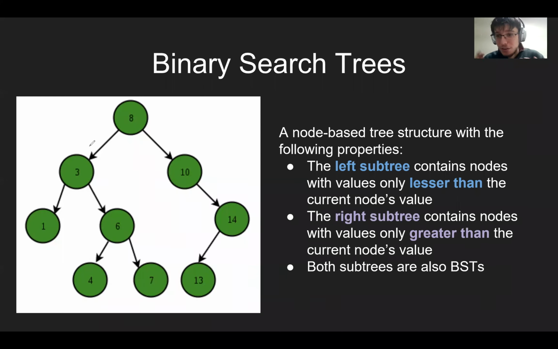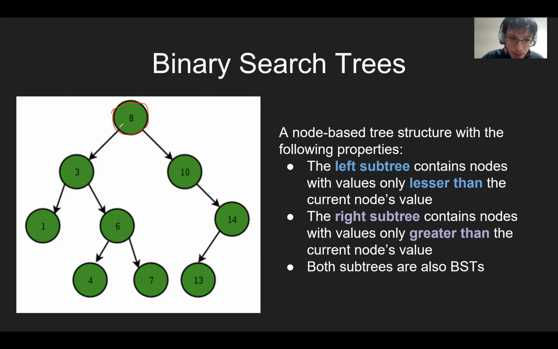The left subtree of any binary search tree always contains nodes with smaller values than the current node's value. Notice there's a difference between a binary tree and a binary search tree. A binary search tree has these properties. A binary tree is just a tree where each node has at most 2 children. But a binary search tree has these properties in particular. So that's the difference.